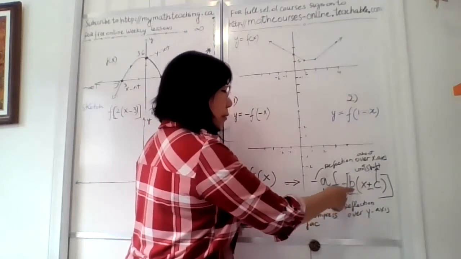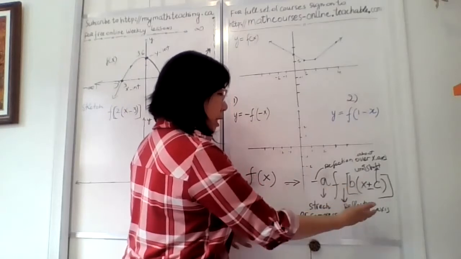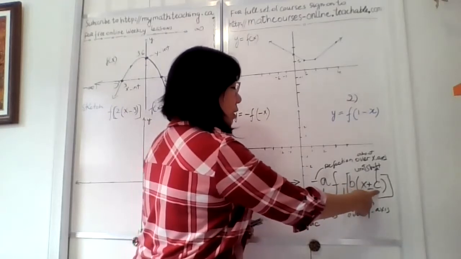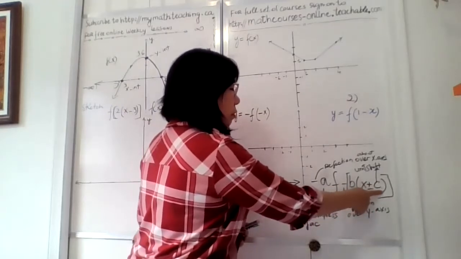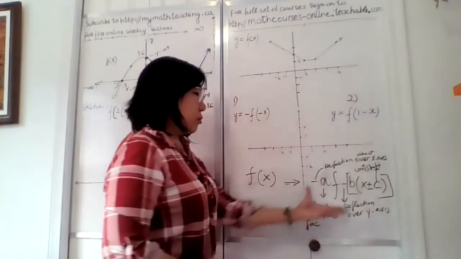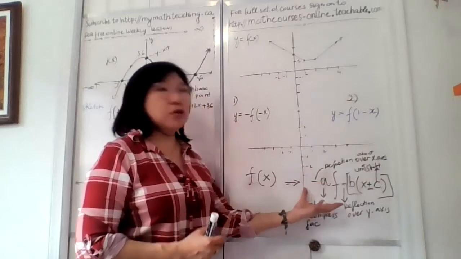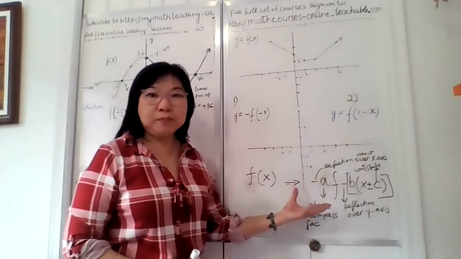And you also can have a horizontal stretch or compress factor B here, right? And the C letter here stands for the unit shift, left side or right side. So this is the general notation of the transformation of the function.